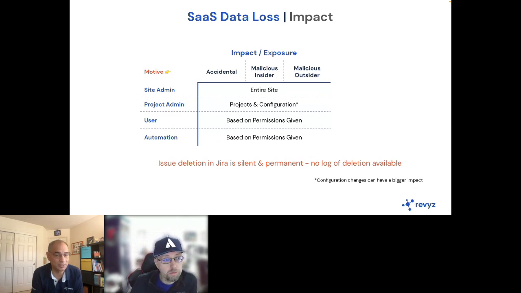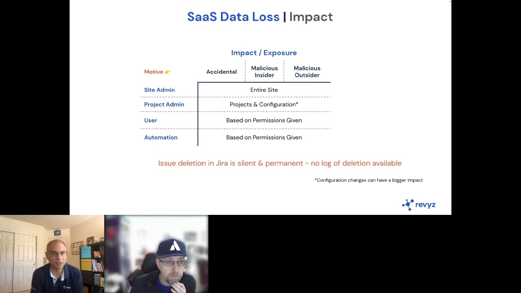If you're the site admin, obviously the scope is going to be across the entire site. For a project admin, it's limited to the projects the project admin has access to and the corresponding configuration, because that is the scope to which they have access to make changes.